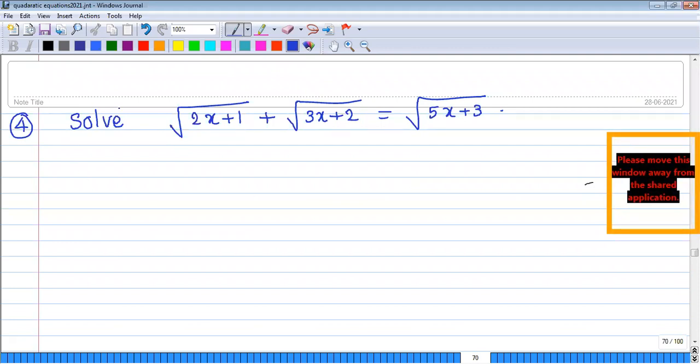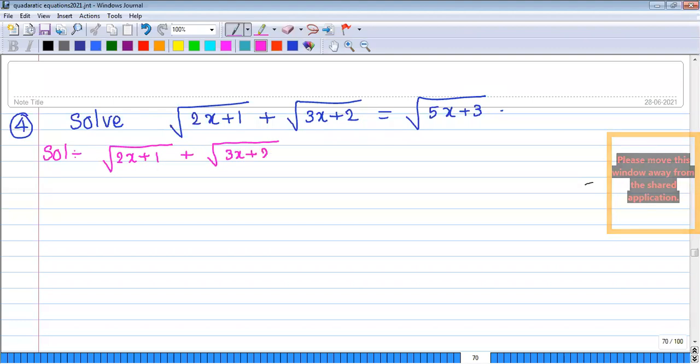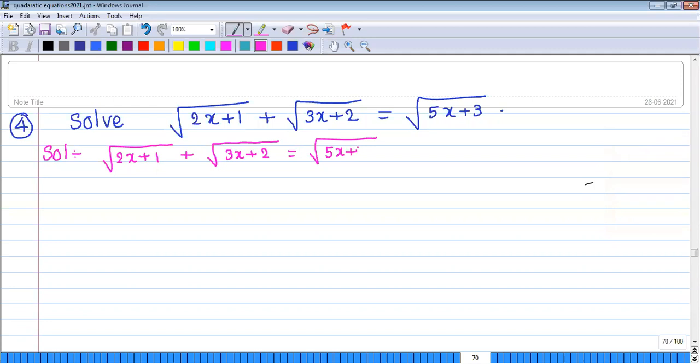Squaring on both sides. So first of all, this is root of 2x plus 1 plus root of 3x plus 2 equal to root of 5x plus 3. Squaring on both sides.